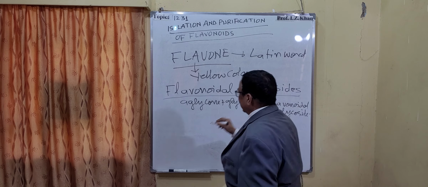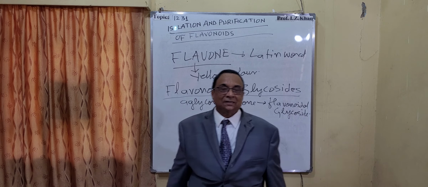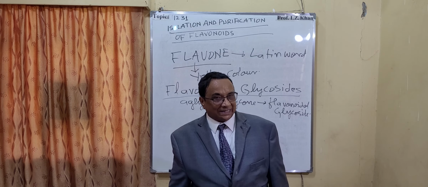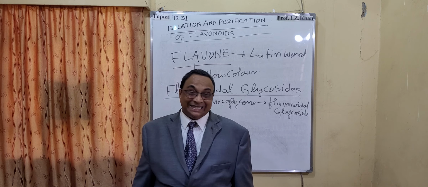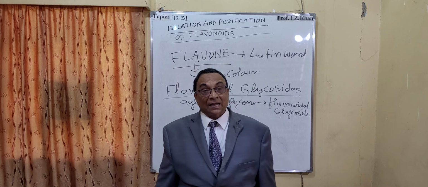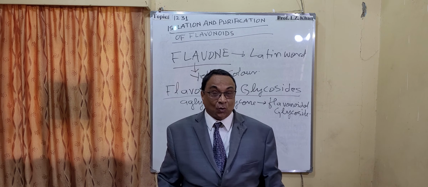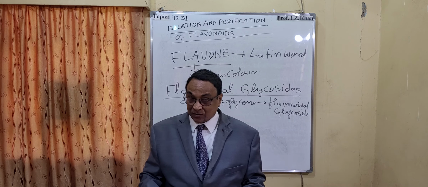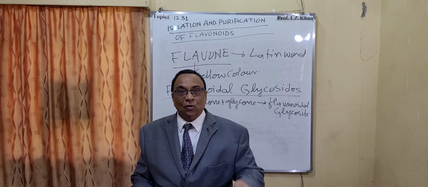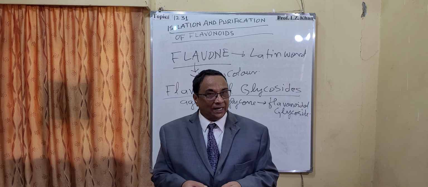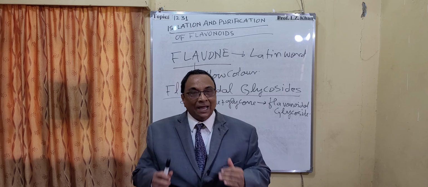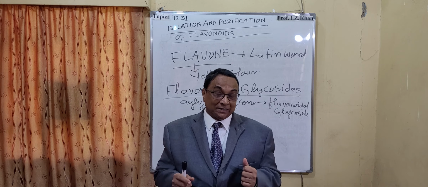I am not going into much detail about glycosides because one of my lectures is there in the journal, on what glycosides are and the different types: O glycoside, C glycoside, N glycoside. You can go to my online lecture. Here I am mainly concerned with the flavone nucleus.